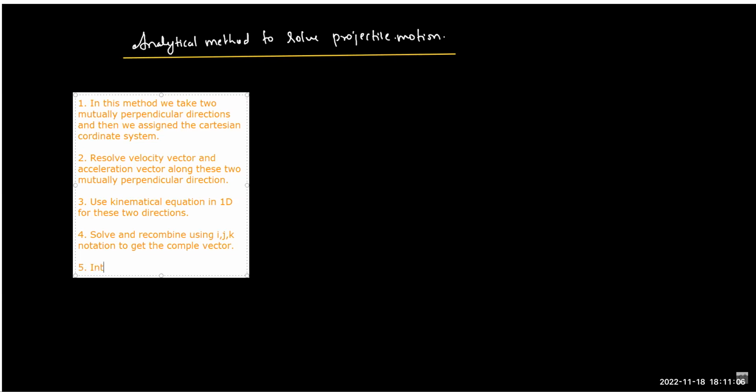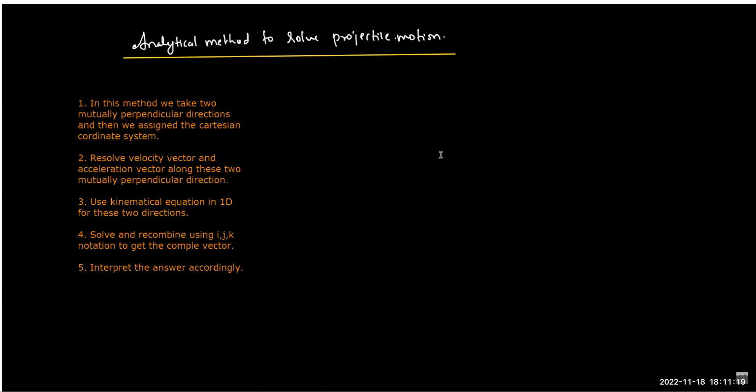And then, of course, the last step is to interpret the answer accordingly. So these are steps you can call, which you will follow for every problem. And it won't be very difficult for you to get the idea.